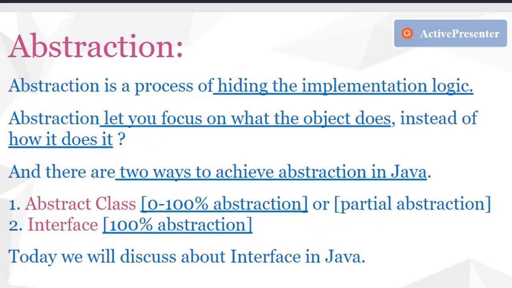Abstraction. What is abstraction? Abstraction is a process of hiding the implementation logic. Abstraction lets you focus on what the object does instead of how it does it. If I say, let's prepare idli, I want idli, but I don't tell you how do we prepare idli.